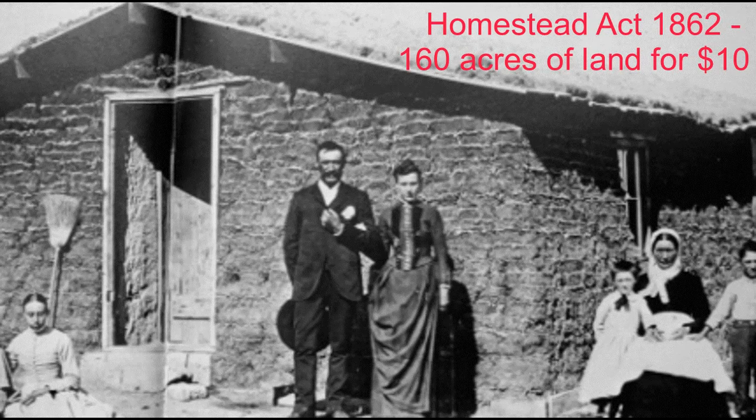So what we're going to look at in task 4 and for the rest of this project is some of the problems that people encountered when they went to try and settle in the West and the plains, and how they overcame these problems.